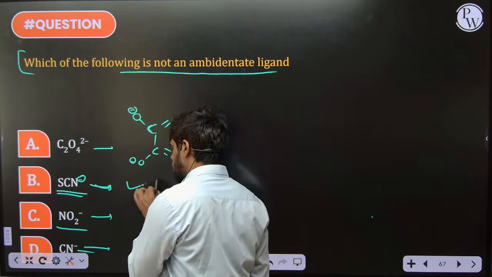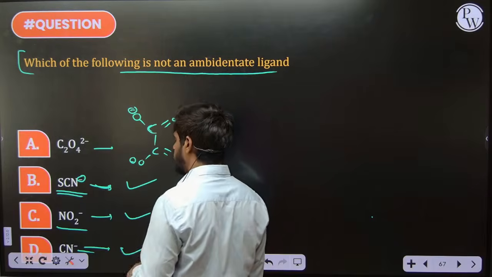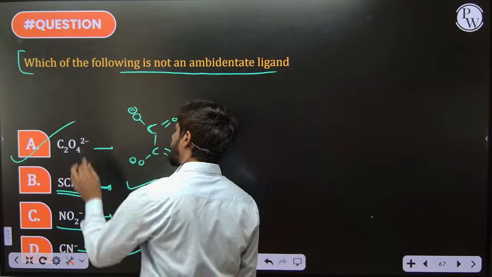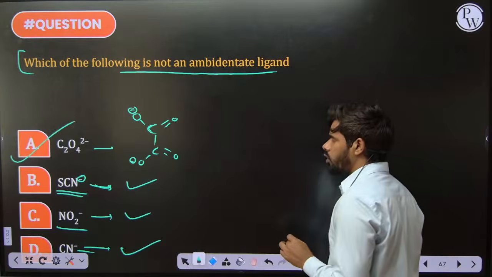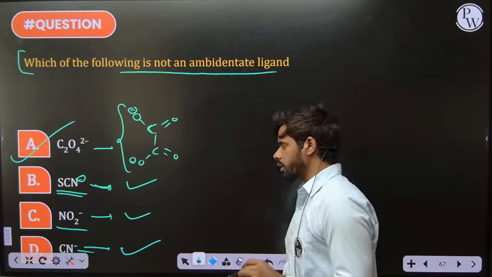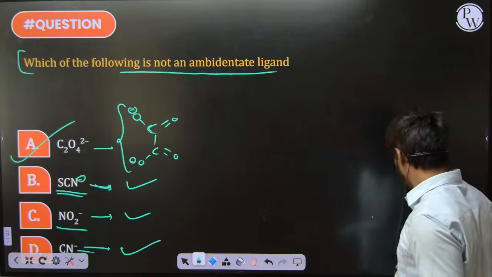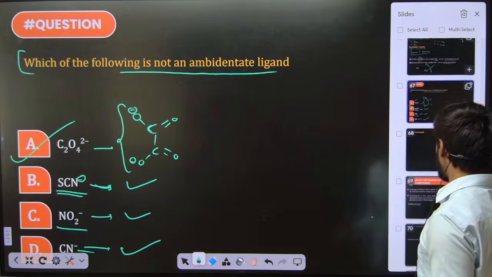Isocyanato is also ambidentate. This is also ambidentate. This is not ambidentate, as it has only one type of atom, that is oxygen. So the species must have more than one type of atom to donate its lone pair.